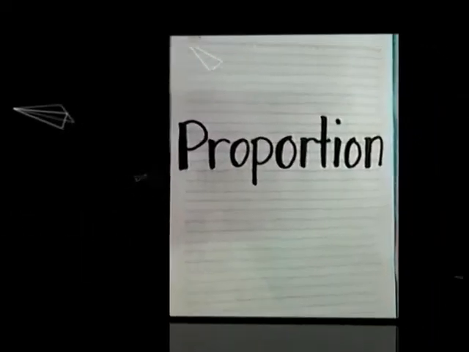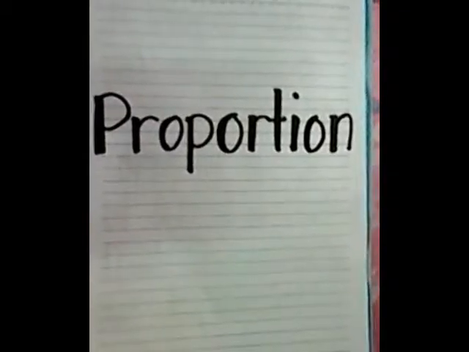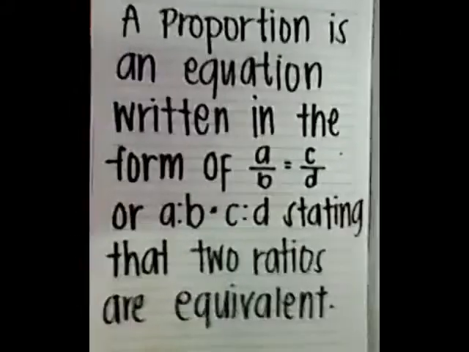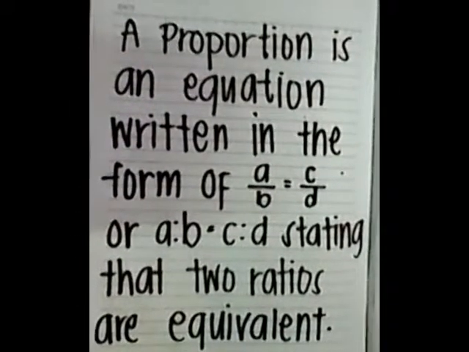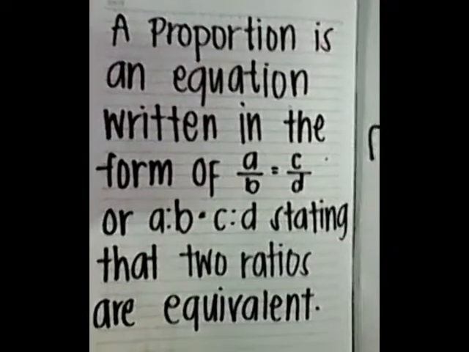Good day everyone. Our topic for today is proportion. What is a proportion? A proportion is an equation written in the form of A/B equals C/D or A:B equals C:D, stating that two ratios are equivalent.